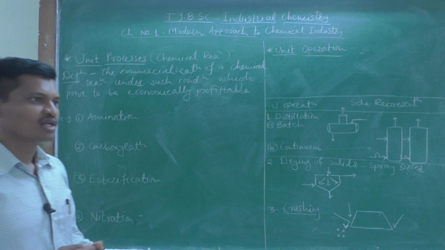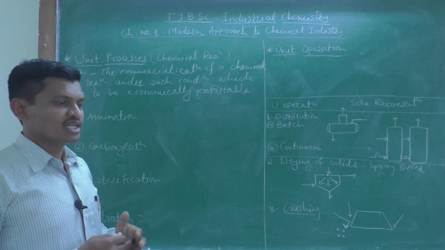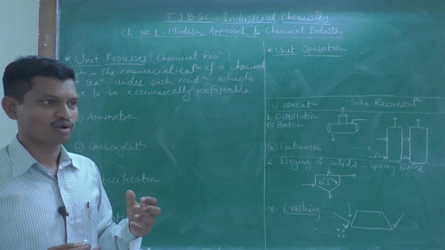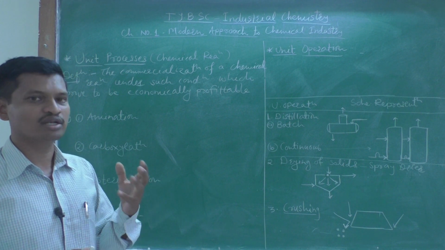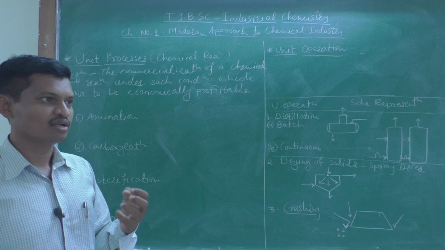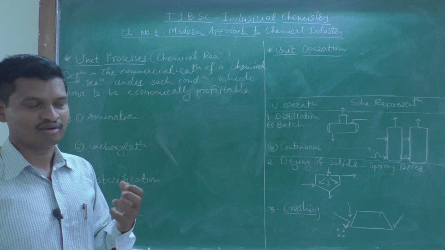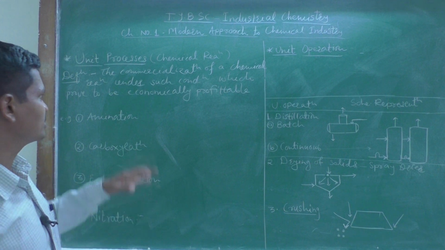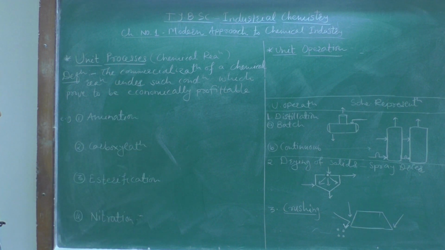Okay, after all, when any chemical industry is established, the final aim of the owner or organization is to get gain from profit from that industry. So this is nothing but a unit process.